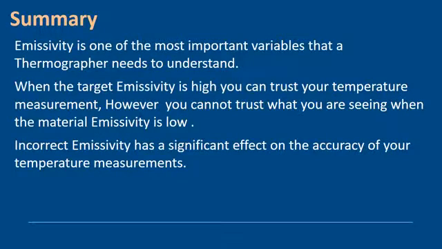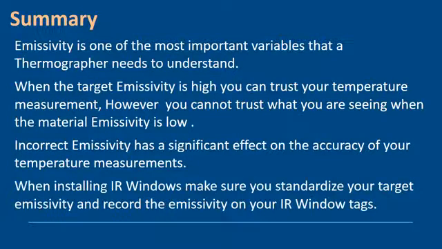Incorrect emissivity has a significant effect on the accuracy of your temperature measurements. In the graph we looked at earlier, going from 0.95 to 0.5, we saw almost a 20% difference in the temperature measurement. So again, beware that you get the emissivity correct in your camera.